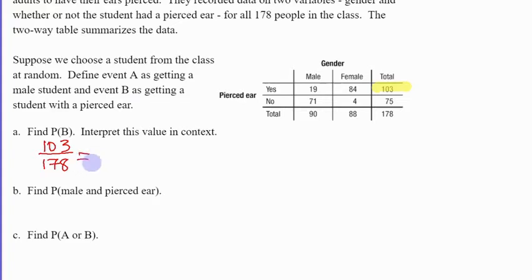If you divide those, you get 0.579. If we are interpreting this in context, we need to just write a sentence that includes this probability and what we're talking about. So the probability of a randomly selected student having pierced ears is 0.579.